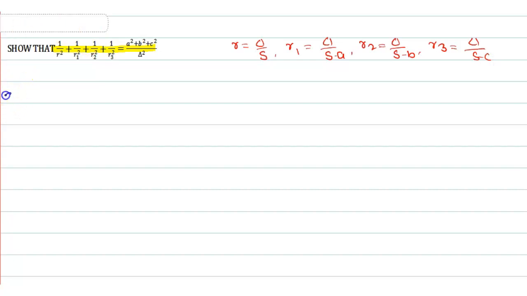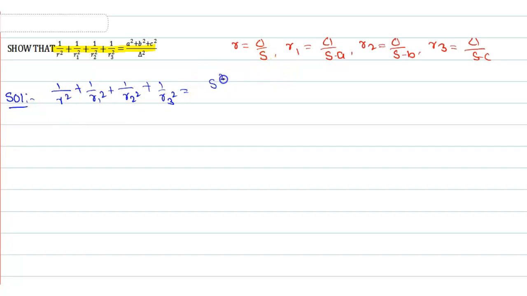Now coming to the solution, I am writing the solution. First taking LHS, 1 by r² plus 1 by r1² plus 1 by r2² plus 1 by r3². Now 1 by r goes to s by delta.